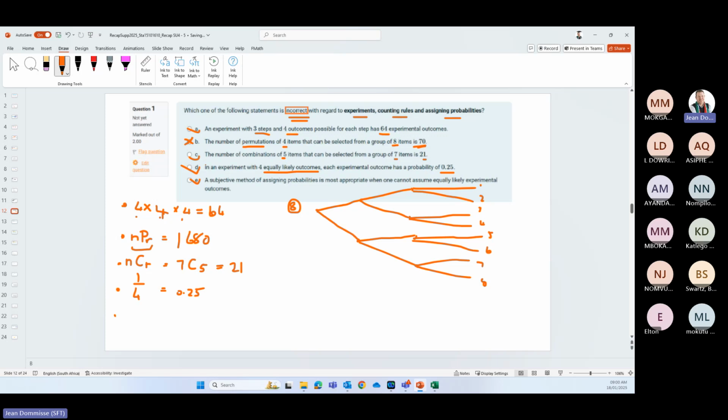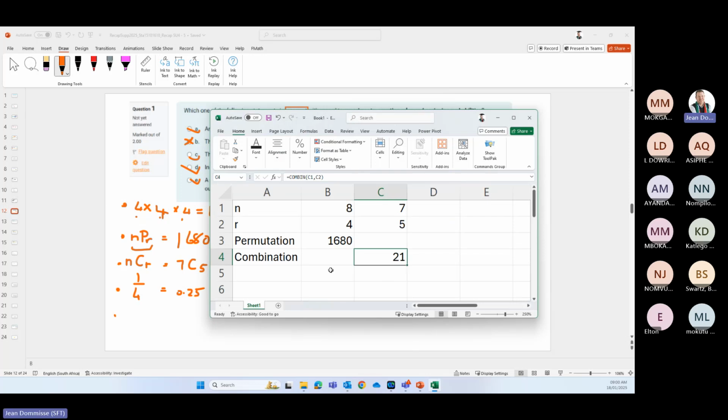Okay, so basically for this one, the one that was incorrect was with permutations. And let's just check if we did a combination on that.